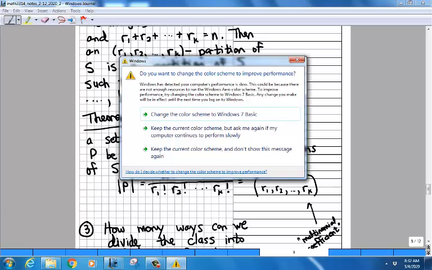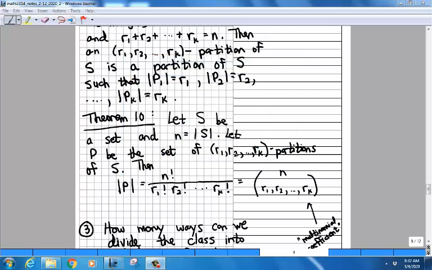Last time we were talking about partitions. The notation is a little bit complex here because partitions are generalizations of combinations. Remember, a combination is just a fancy combinatorics way of saying a subset of a set, right?